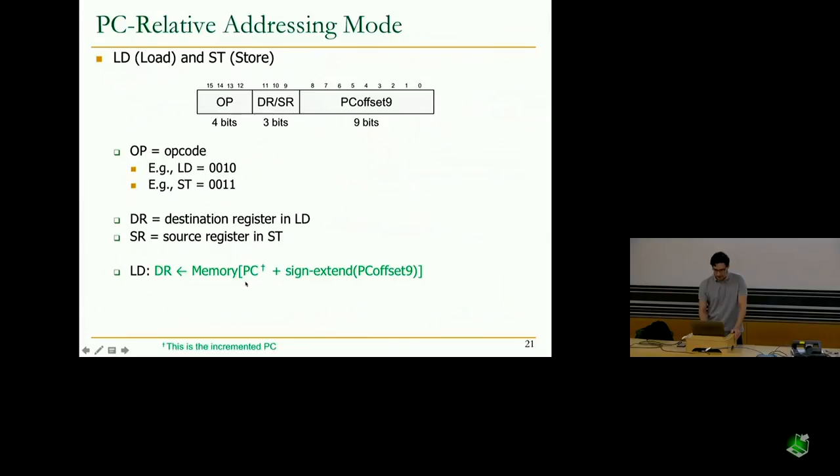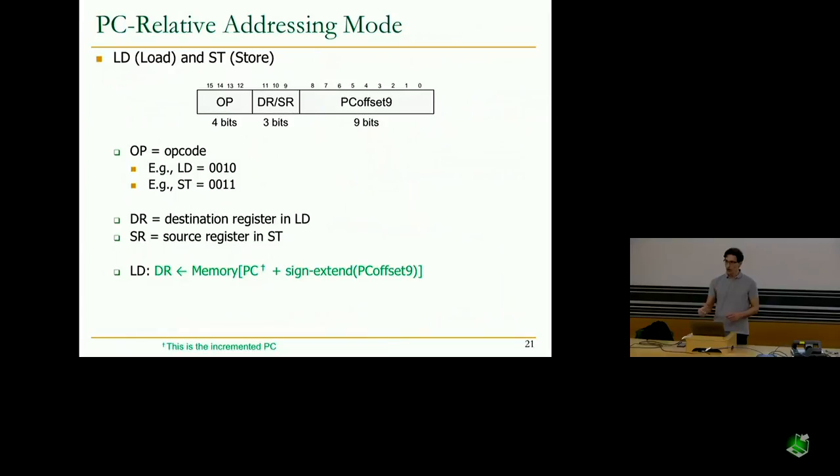And this is the program counter. So this is PC relative, because as base register we are using the program counter. The reason why this PC is the incremented PC is because as soon as we fetch one instruction, we increment the PC.